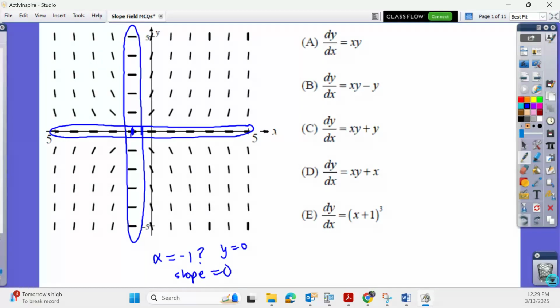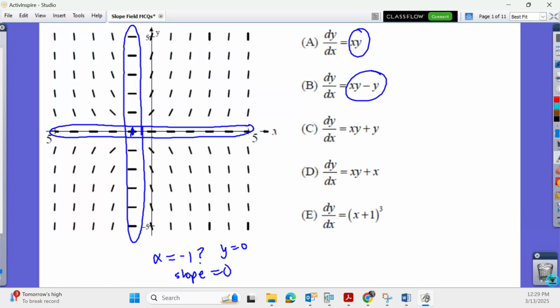So basically it's factors, right? If you look at the factors, what do I want for y equals 0? That's just a y factor. And for x equals -1 to give a 0, I need x plus 1 to be a factor. So basically, I'm looking for those two factors, y and x plus 1, to get those 0 slopes.